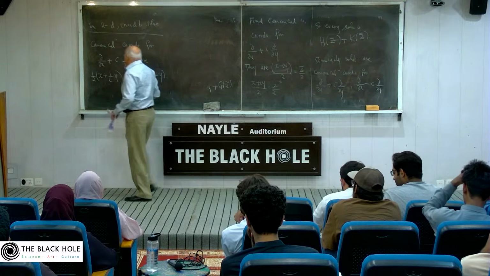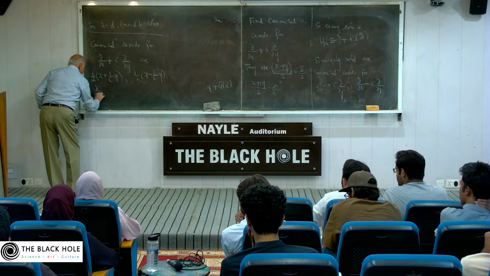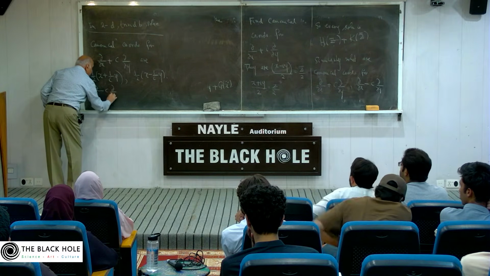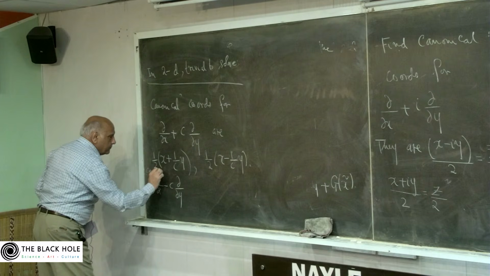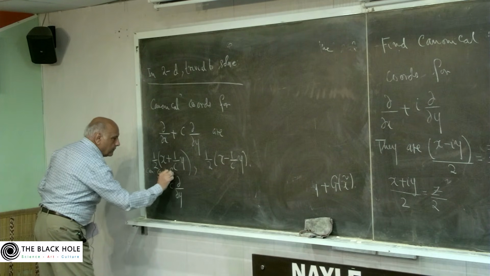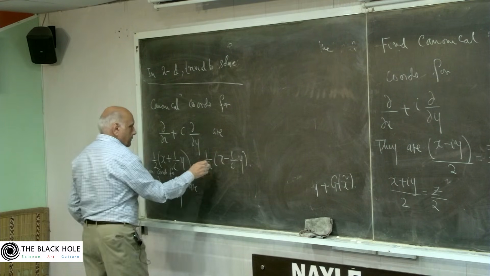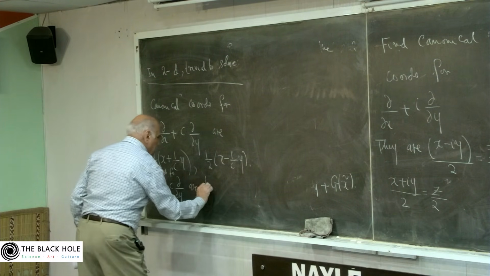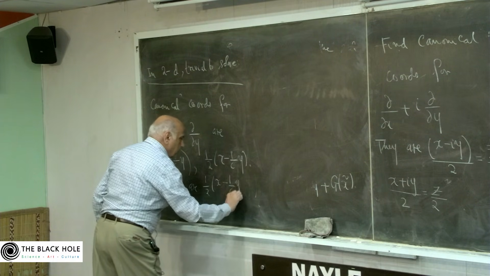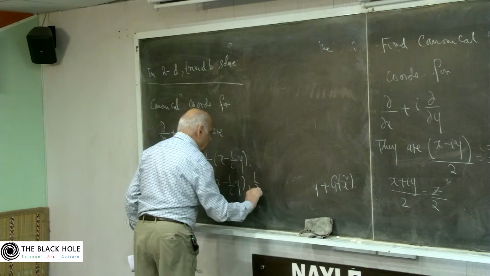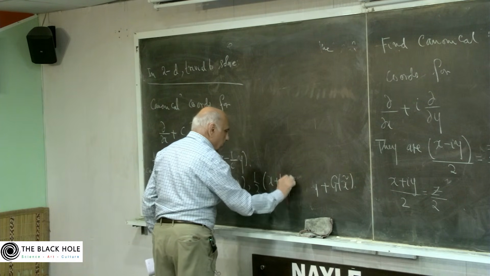And the canonical coordinates for this are 1 over 2 x minus 1 over cy and 1 over 2 x plus 1 over cy. Okay.